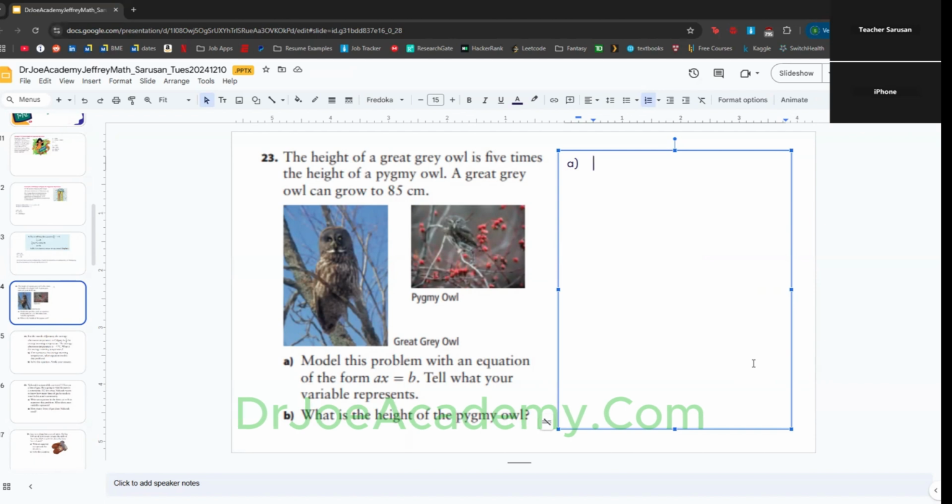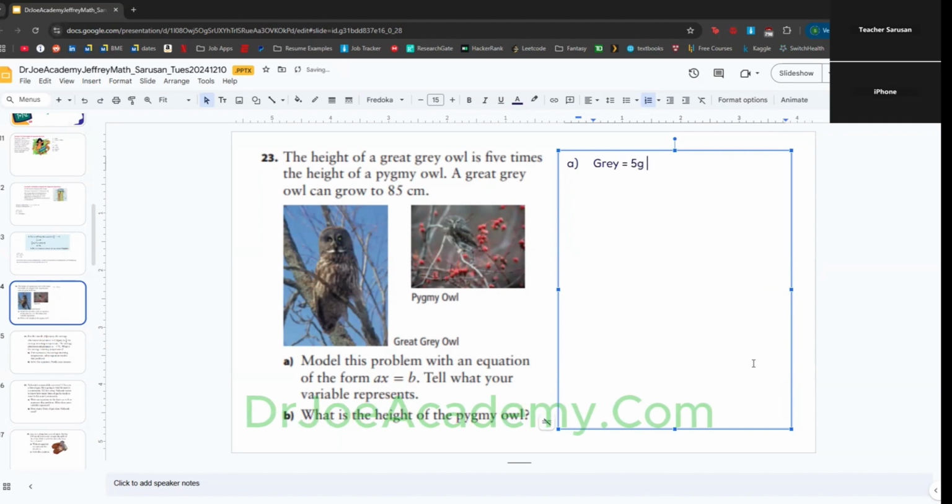Sure. So how did you get that? Well, because a gray owl is 5 times the height of a pygmy owl, and if a gray owl is 85 centimeters, then you'd have to divide 85 centimeters by 5.